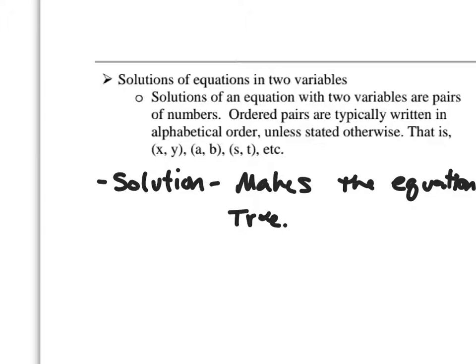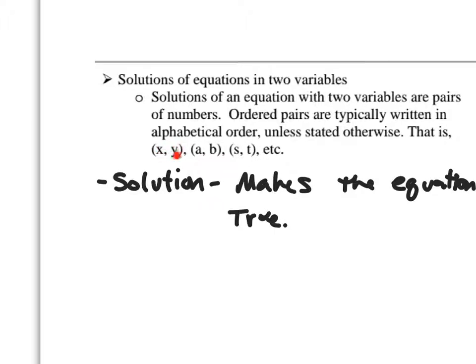And if we're talking about an equation that has two variables, then those two variables are going to be represented by coordinate ordered pairs, or coordinate points, okay? And typically when we write these points, they are in alphabetical order. So x, y: whatever is the first number is typically your x value, or your independent variable.